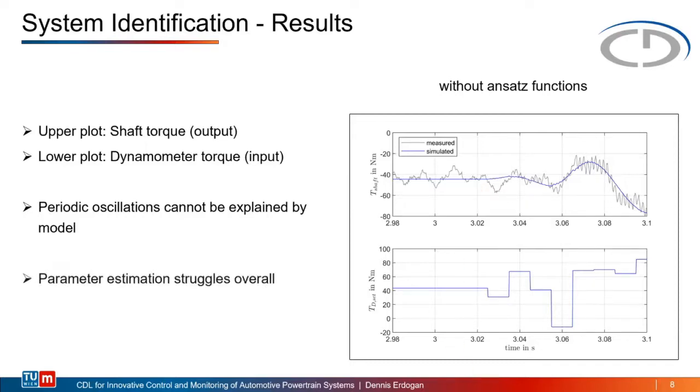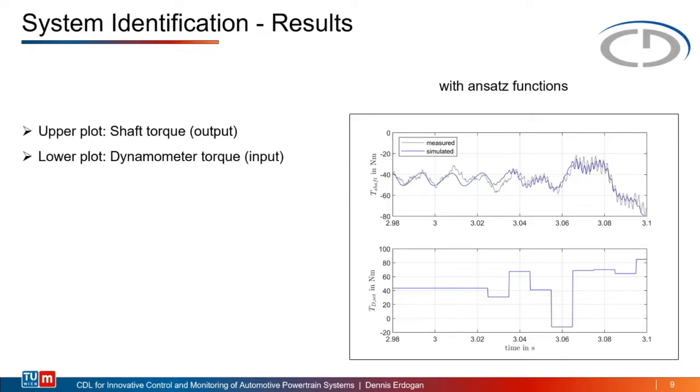Also, some other dynamics are estimated badly, which you can see here, where these small oscillations are modeled quite badly. So now let's take a look at the results with the usage of the Ansatzfunctions.